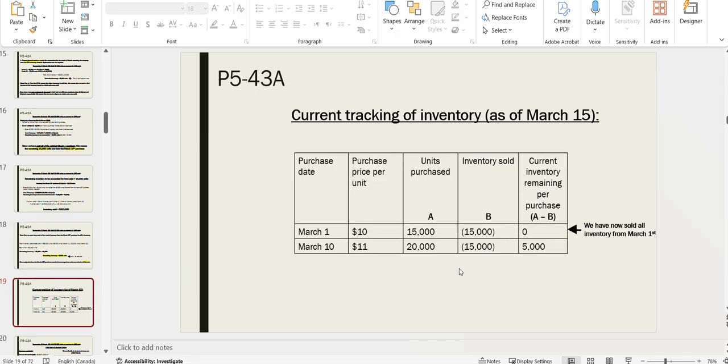So we update our inventory because we sold 15,000 and another 15,000 units. What is remaining is 5,000 units after our first sale.